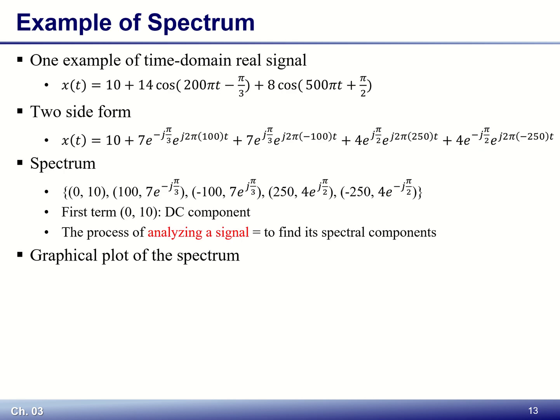Let me show an example for spectrum. Here x(t) is 10 plus 14 cosine(200 pi t minus pi over 3) plus 8 cosine(500 pi t plus pi over 2). 200 pi is 2 pi 100 t, and 500 pi is 2 pi 250 t. So here 10 is at 2 pi 0 t.